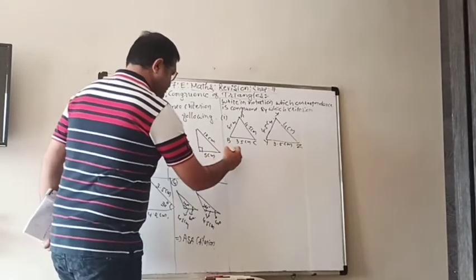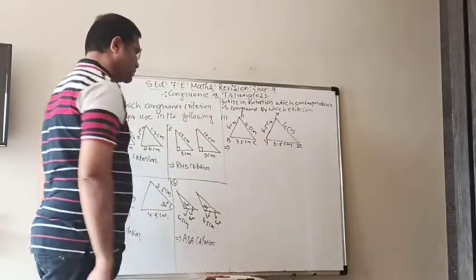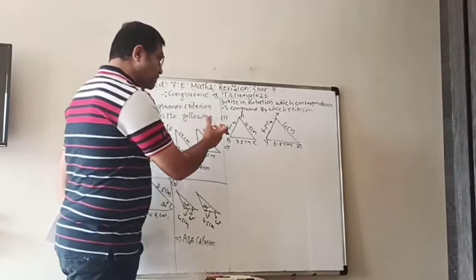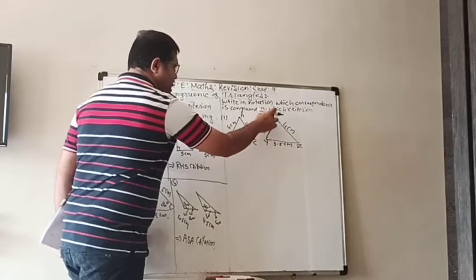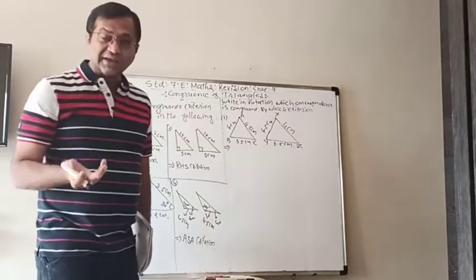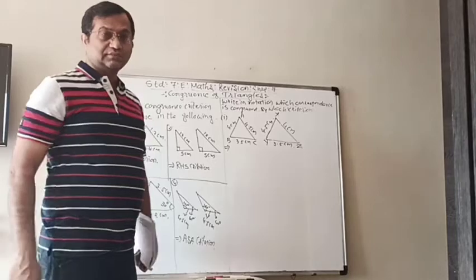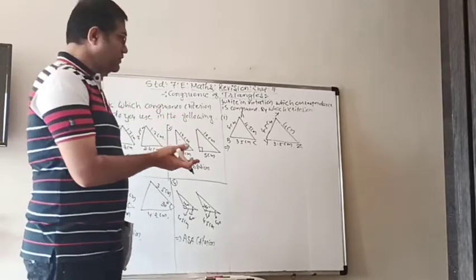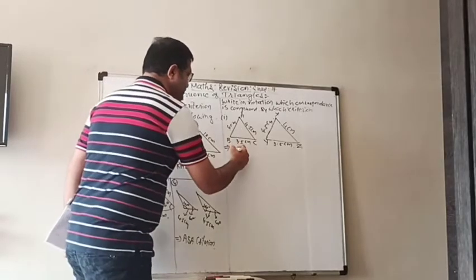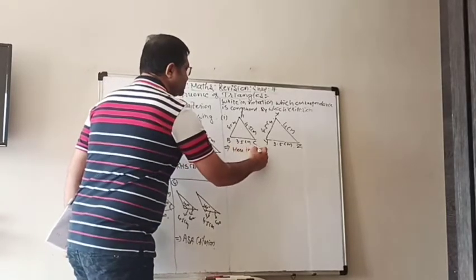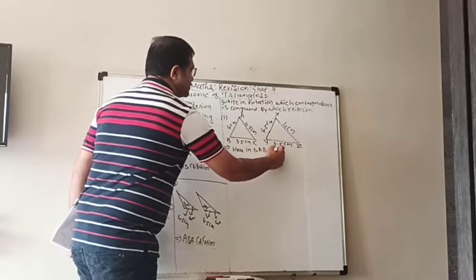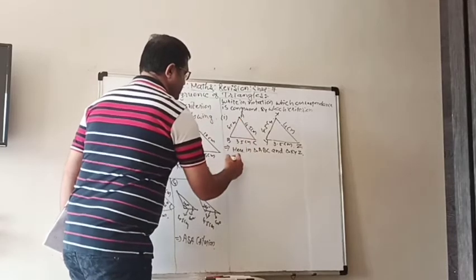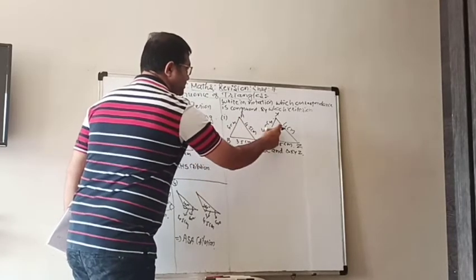Now here we will write down the pairs. It looks like this one is with this one and this one with this one. It doesn't look nice. But if you flip that triangle, it will be like that. So it is obvious. So here in triangle ABC and triangle XYZ, AB is equal to which side?